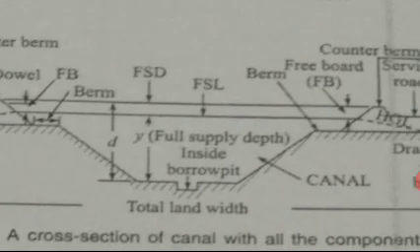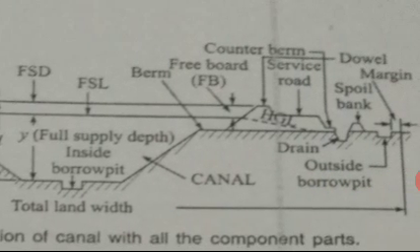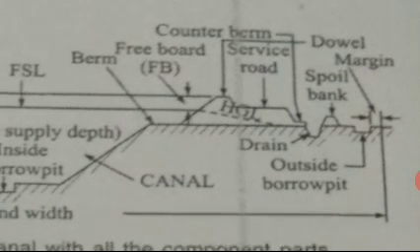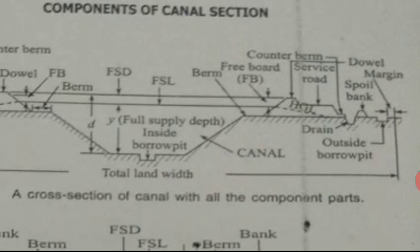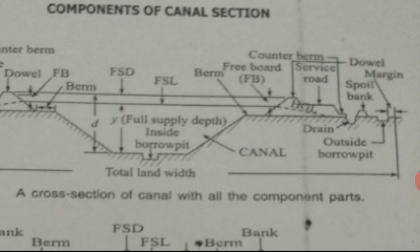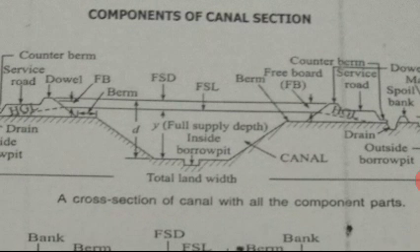The next one is balancing section. In constructing a canal section, the quantity of earth excavated from the channel section is exactly equal to the earthwork required to construct the two canal banks.